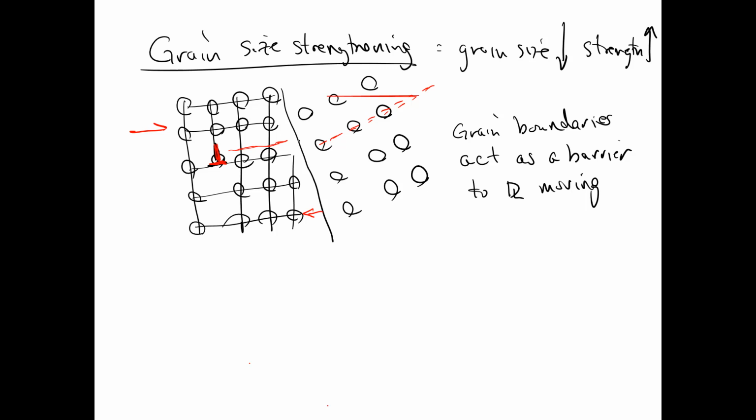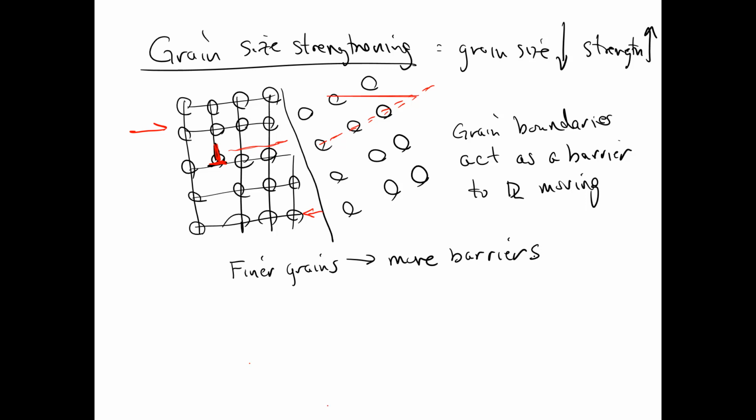And so if I can create more grain boundaries, finer grains, smaller grains mean more barriers or more grain boundary area. The finer the grains, the smaller the distance a dislocation can move before it gets stuck against a grain boundary. And then it can't move, or I really have to increase the stress a whole lot to make it keep moving.